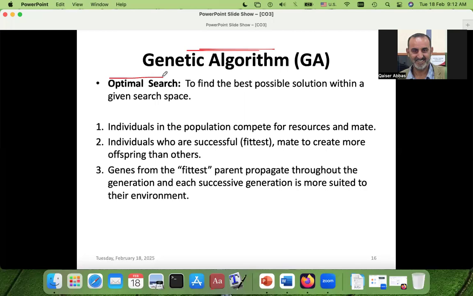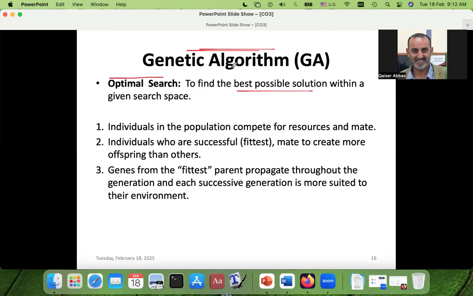Another term used for the genetic algorithm is evolutionary algorithm, but leave that. Here we have made three divisions: local, global, and optimal. That's why we are seeing the genetic algorithm in the optimal category. Why? Because it will always give us the optimal solution. Optimal is what? The best possible solution.